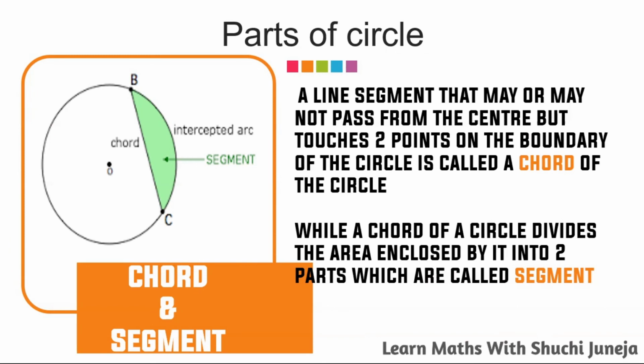Then we have another two terms which are known as chord and segment. So a chord may or may not pass through the center of the circle, but it touches 2 points on its boundary. So if it passes through the center, it is called the diameter or the longest chord. And what does a segment mean? The area covered by the chord of the circle is called the segment of the circle.